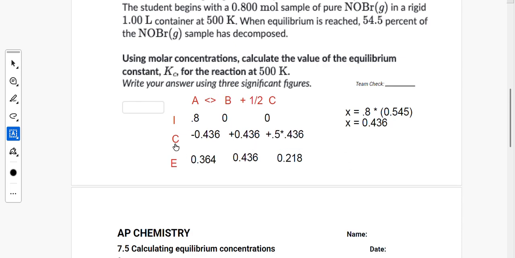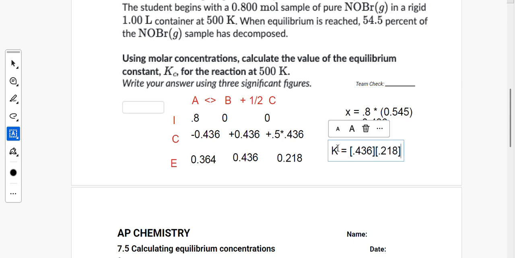Okay, so there we go. We've done our ICE table. Now we can use this equilibrium value to calculate K, which is what we're being asked to find. So K is going to be equal to, on the top, our products, which is 0.436 times 0.218.